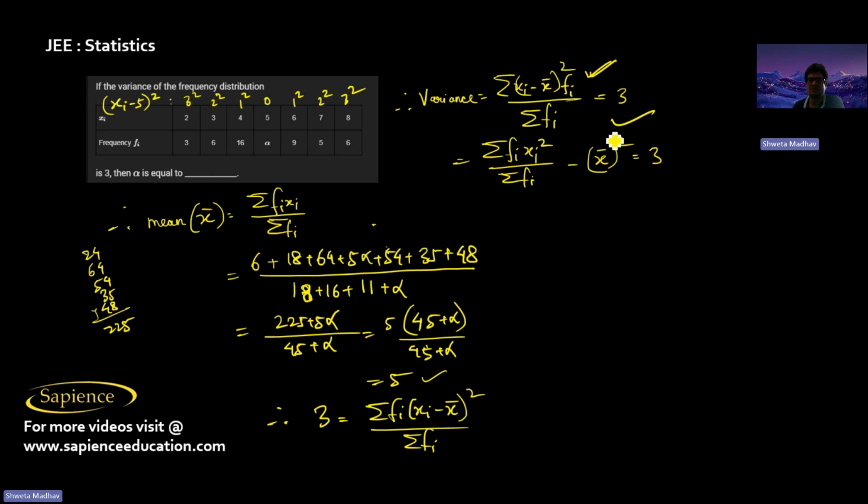So it means the second formula only we have to use, since here alpha will get cancelled.